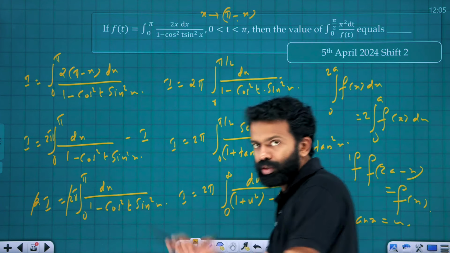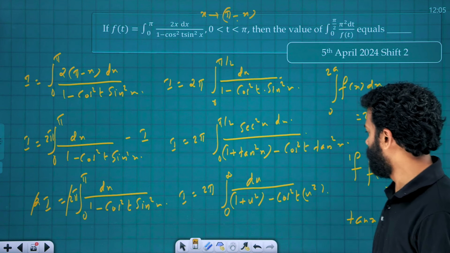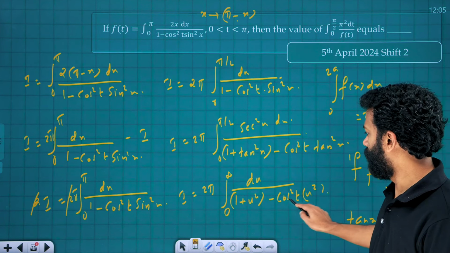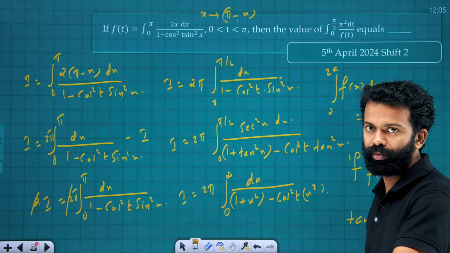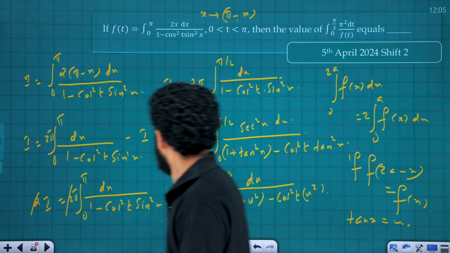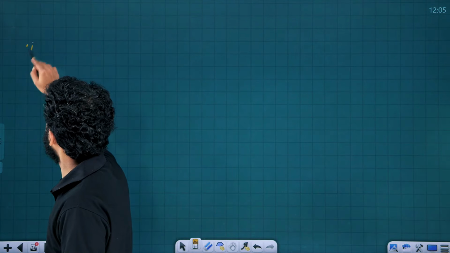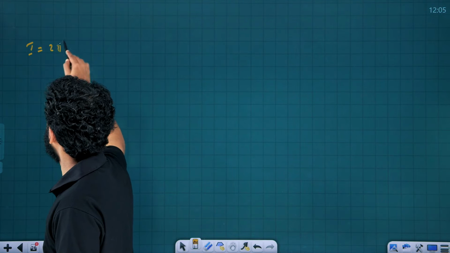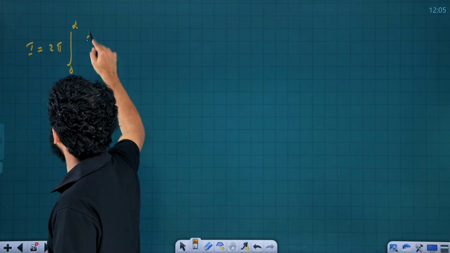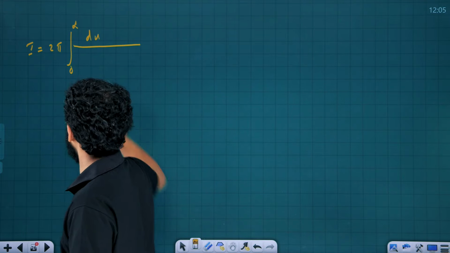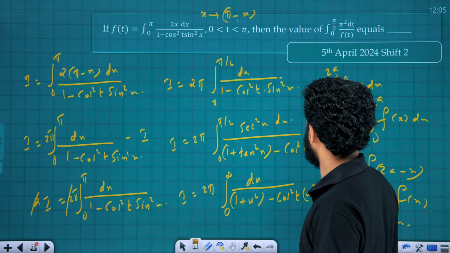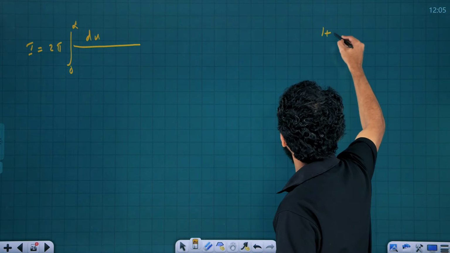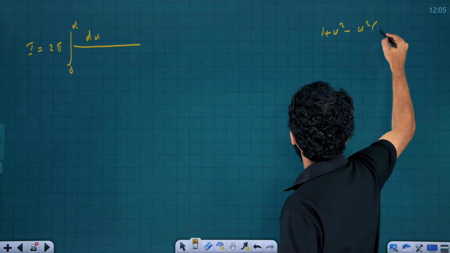Not over, almost done. Just open the bracket. It will be u square minus u square cos square t, right? From that, you can take u square outside. It will be I is equal to 2 pi into 0 to infinity integral du divided by, this we can write 1 plus u square minus 1 plus u square minus u square cos square t.